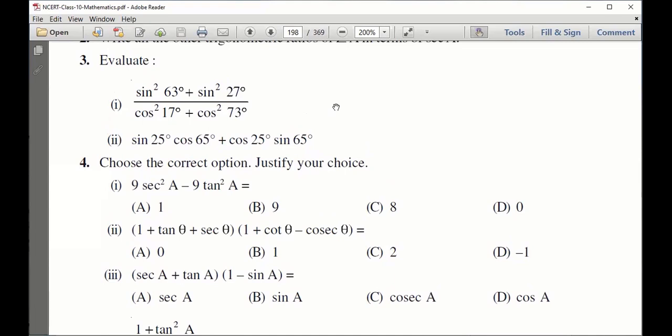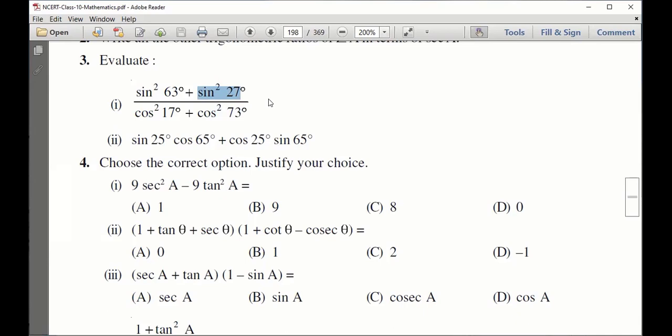Anvi, you will explain this. Anvi got it. Anvi, explain. Sir, sine square 27 can be written as cos square 63, because sine theta is equal to cos of 90 minus theta, right?